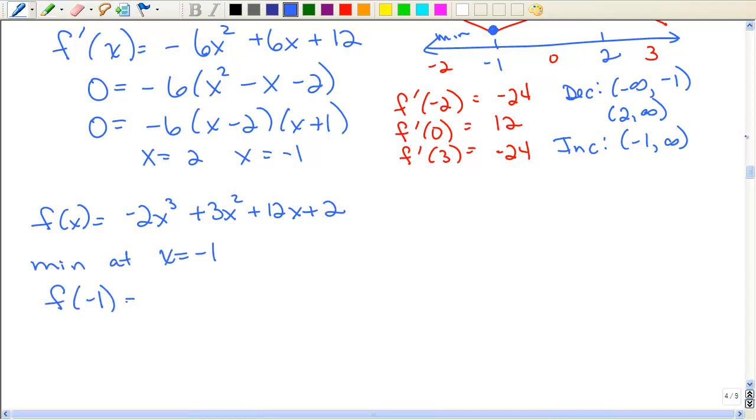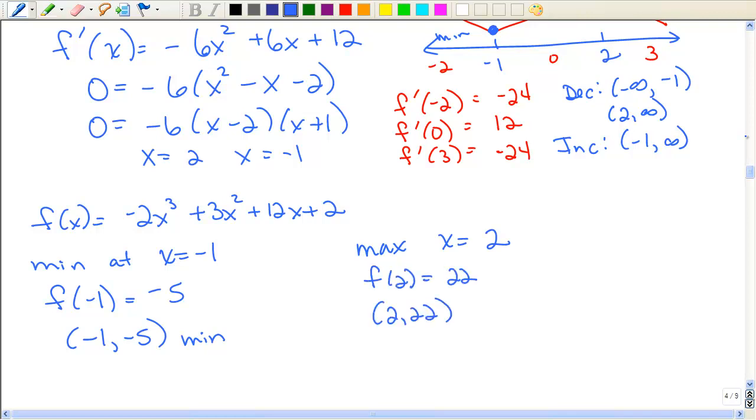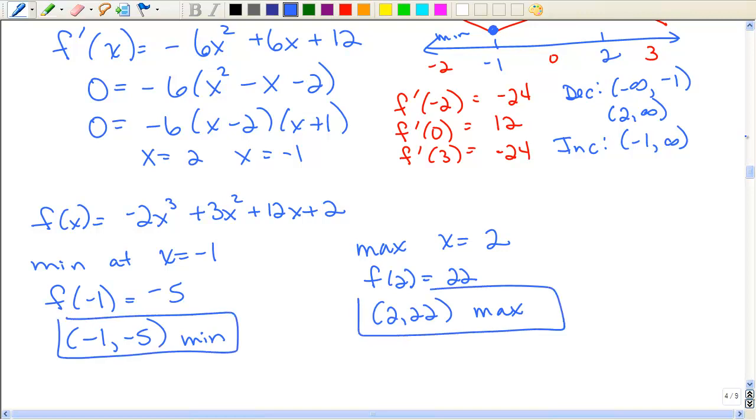So I need to evaluate the function at -1, and that's -5. Remember, that's a minimum. And then I have a relative maximum at x is 2, and I have the point (2, 22), which is again a maximum. All right, so I have increasing and decreasing and a min and a max.